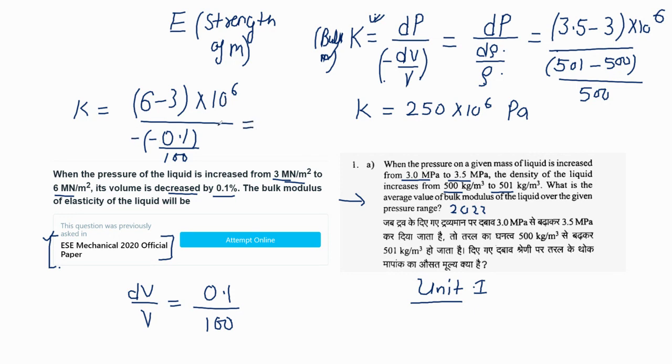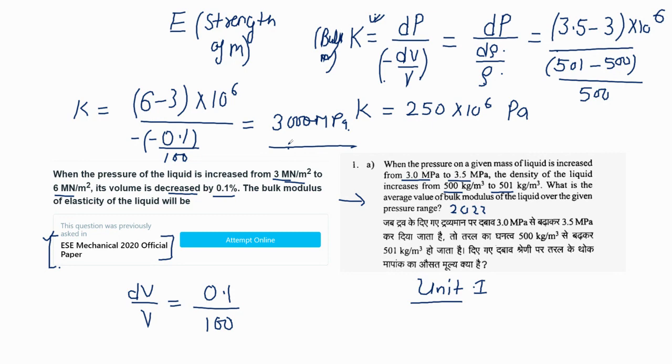Now you can calculate this and you will get the bulk modulus. Let me solve this. How much is it coming? It is coming to be 3000 into 10 raised to the power 6, 3000 megapascal. So this is the answer.